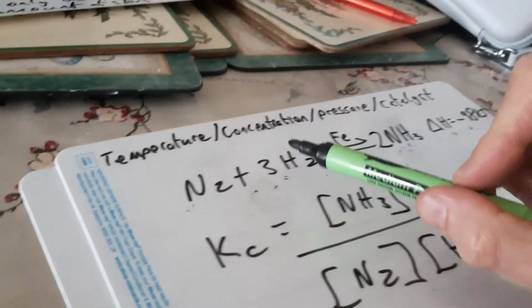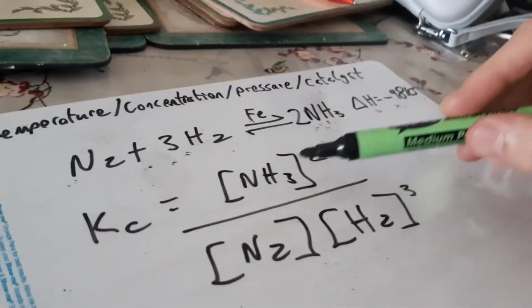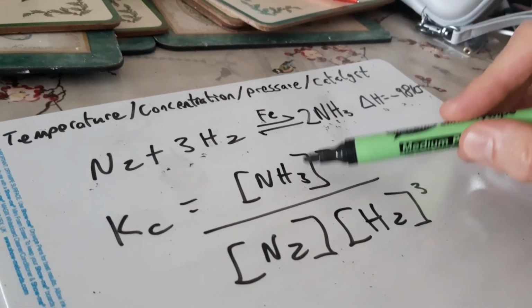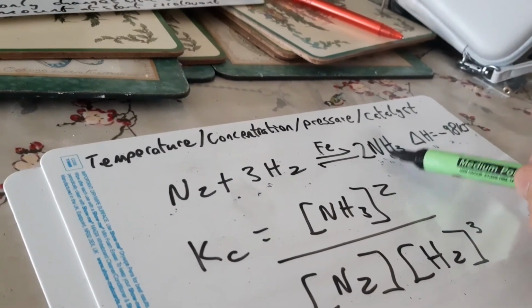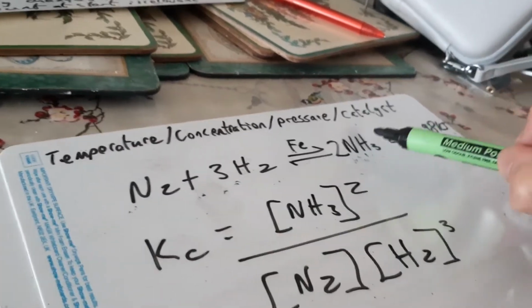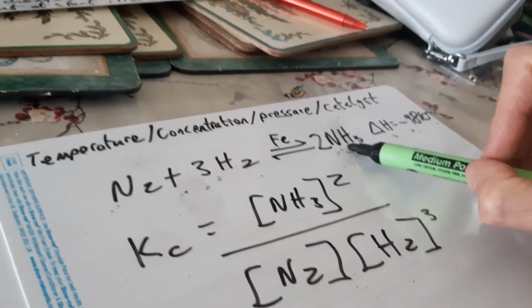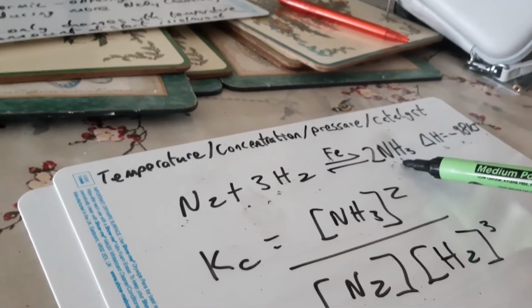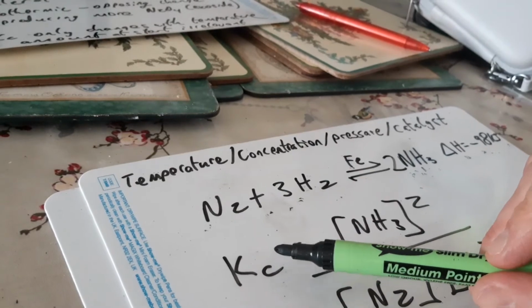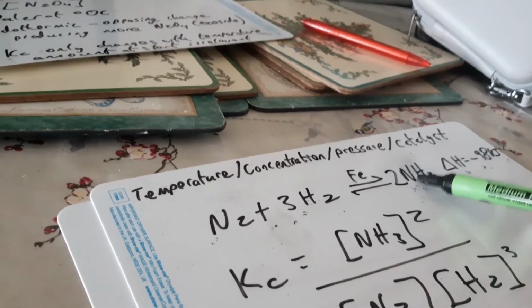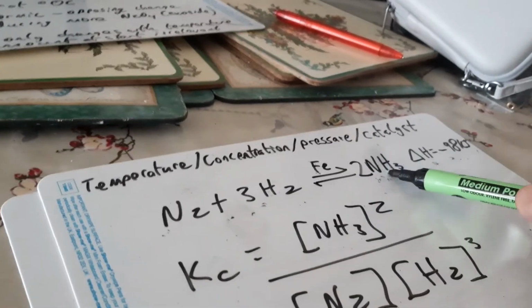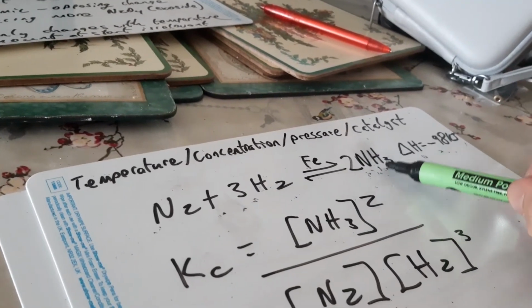So we will produce more ammonia, more of this part of the equation, by increasing the pressure, because the system will try and offset it by reducing the pressure. Does that make sense? So there's a number of things we can do. We can lower the temperature, we can raise the pressure, or we can just remove ammonia. And all of those things will lead to more ammonia being produced, according to Le Chatelier.